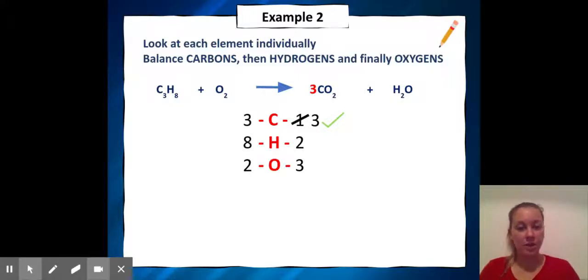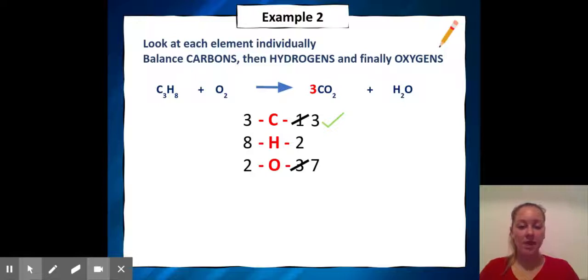We used to have 3, now we have 3 times 2, which is 6 from the CO2, and we have 1 in the H2O, which is 7 in total. So remember, every time you add a big number to a compound, you have to go through each atom and make sure that you change the number to the number that you have. So rather than having 3, we now have 7 oxygens on the right.